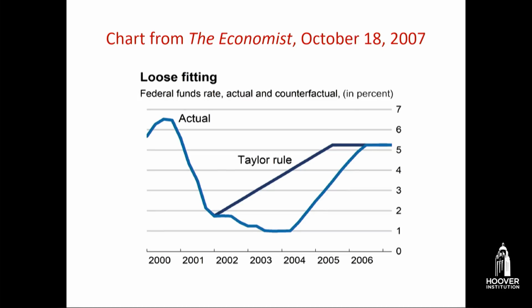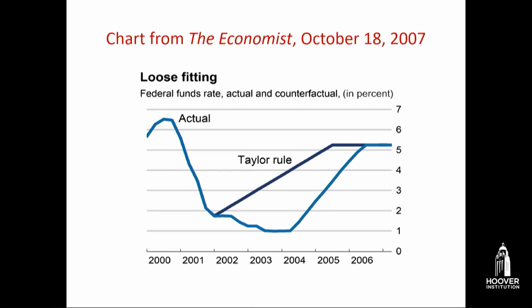Too low for too long, and that's what it is. So The Economist, always clever in their headlines, calls this loose fitting. And so it's loose compared to that. And so what I would argue is this very low rate caused a lot of search for yield, so to speak, risk-taking, and ultimately was responsible for, at least partly responsible for the financial crisis that occurred soon thereafterwards.